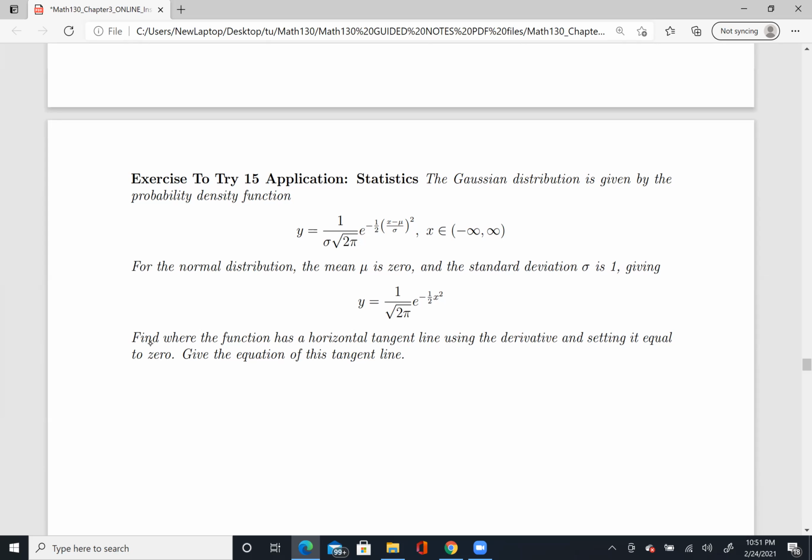This is an application for statistics. Actually, the main thing in here, you should know, is that this is a probability density function.